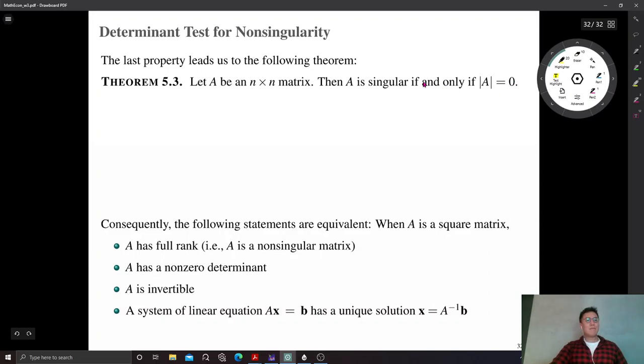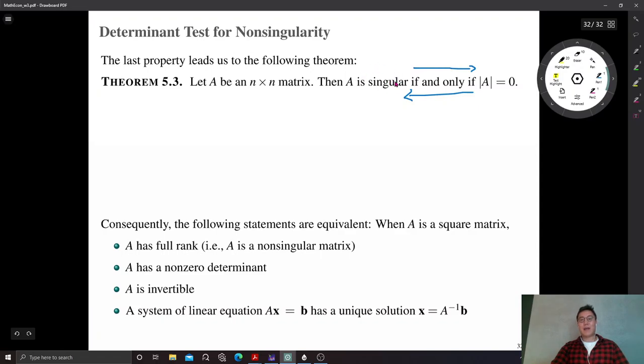Alright? Now we are going to prove this statement because it is important. And the proof is not that difficult. For the proof of this equivalent statement, we have to do 2 things. First, we have to show that singularity implies 0 determinant, one direction, and its converse, the other way around, 0 determinant implies singularity.